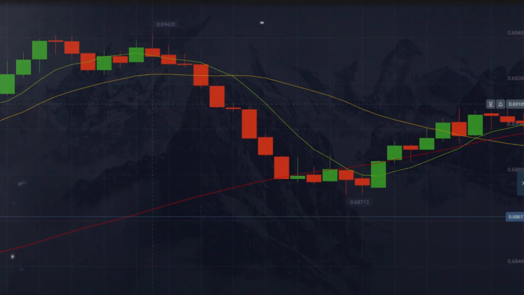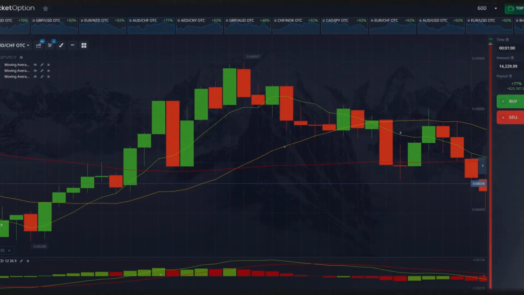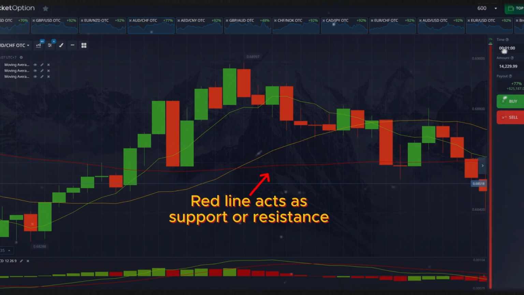Step 2. If in some cases you notice more than 3 candles closing above or below the green line, it usually indicates a strong trend. In this case, you can follow the trend in the direction of the market. Step 3, the red line, 60-period MA, acts as a dynamic support and resistance.